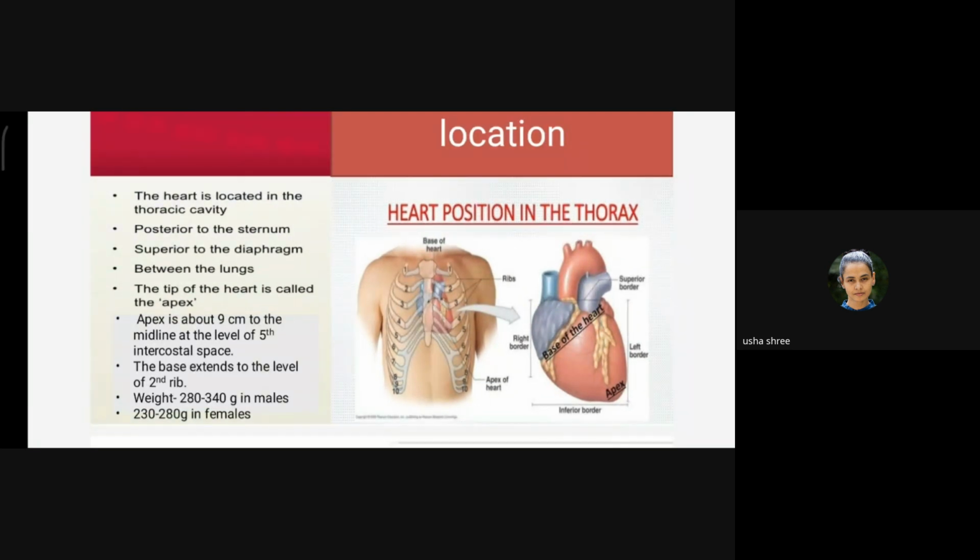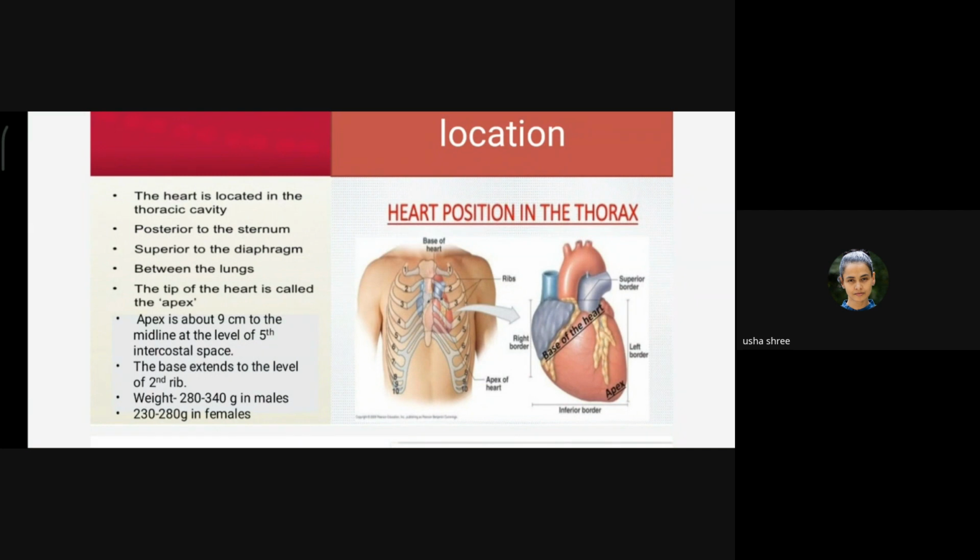The tip of the heart is called the apex. The apex is about 9 cm to the midline at the level of the fifth intercostal space. The base extends to the level of the second rib. So the base of the heart starts from the second rib, and the apex ends at the midline at the level of the fifth intercostal space.